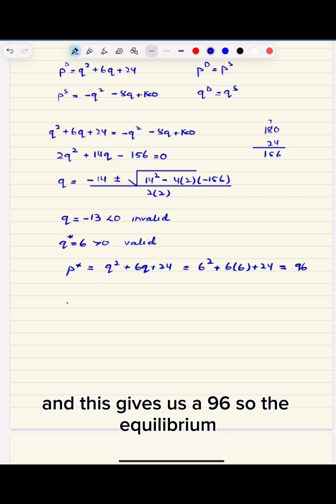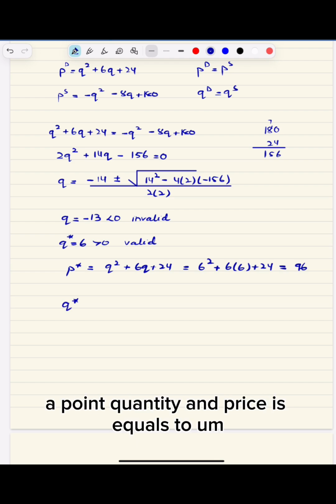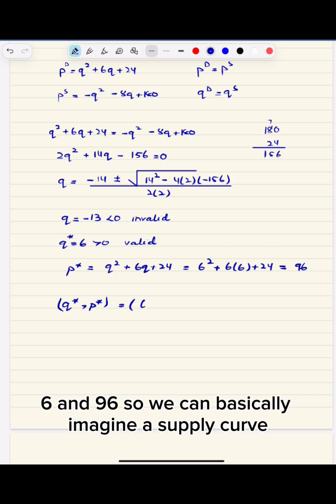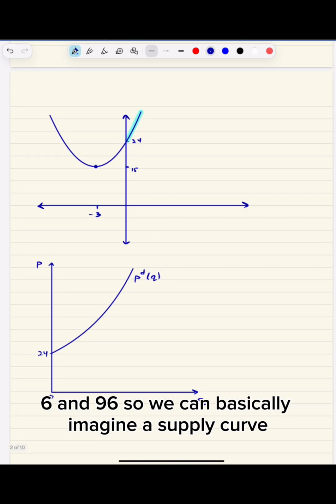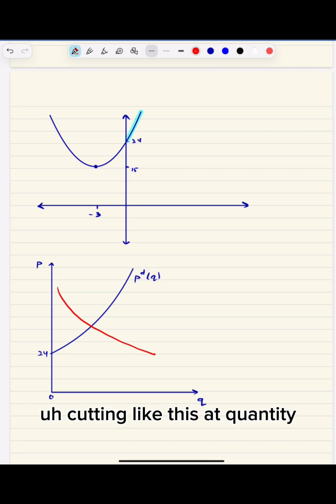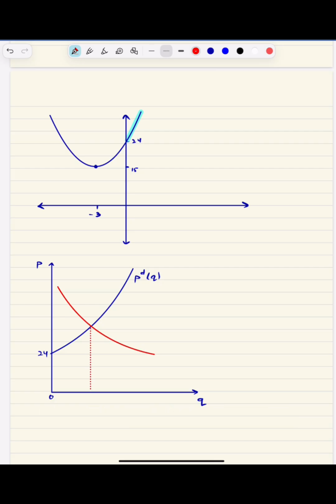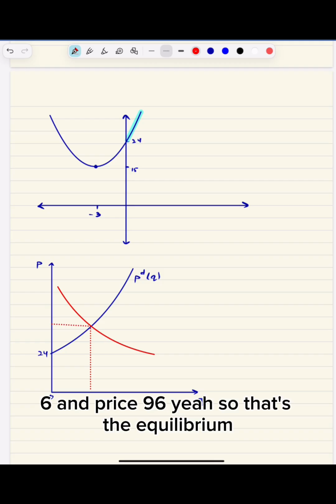So the equilibrium point, quantity and price, is 6 and 96. We can basically imagine a supply curve cutting like this at quantity 6 and price 96. Yeah, so that's the equilibrium.